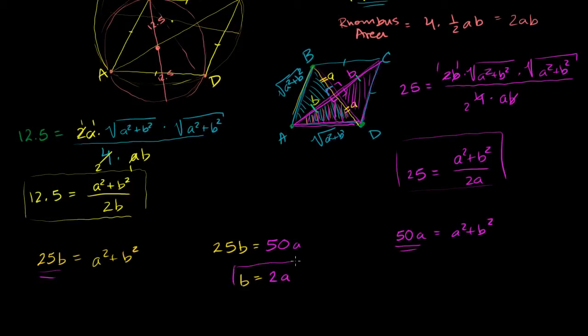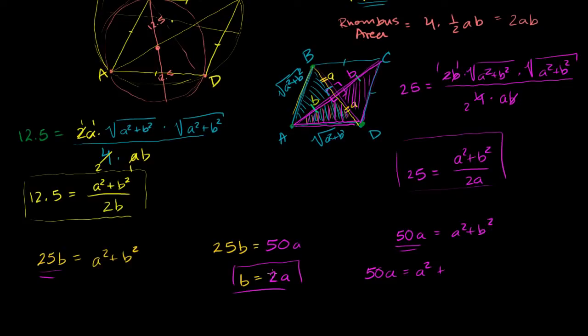So we can take this information and now substitute back into either one of these equations to solve for b, and then we could solve for a. So let's go back into this one. Actually, we'll solve for a first. 50a is equal to a squared plus b squared.